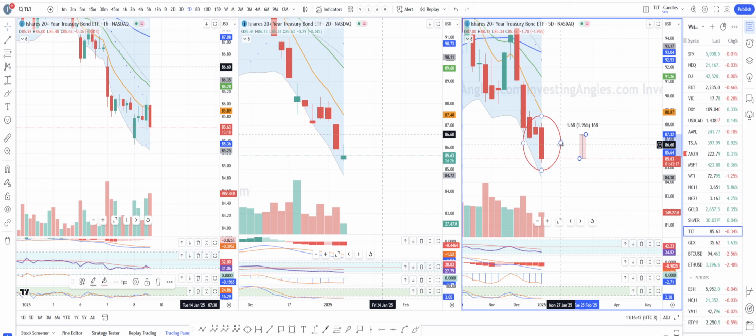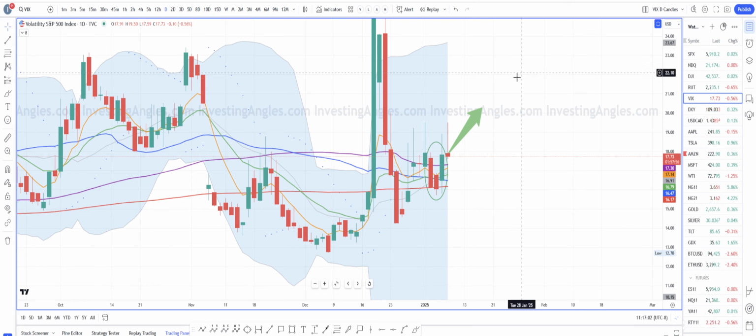Well, I would say it's almost impossible unless something really significant happens in the rate and the TLT department. Okay, so that's the fairly bearish perspective for TLT closure today.